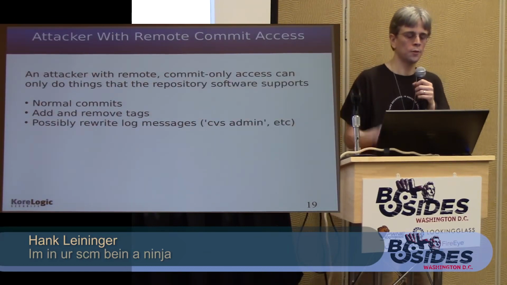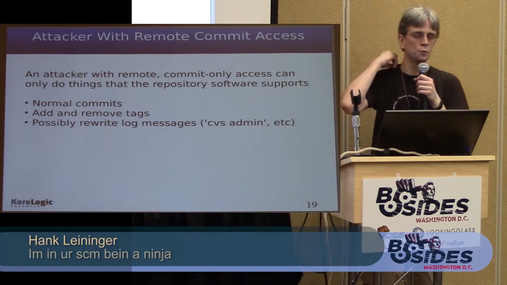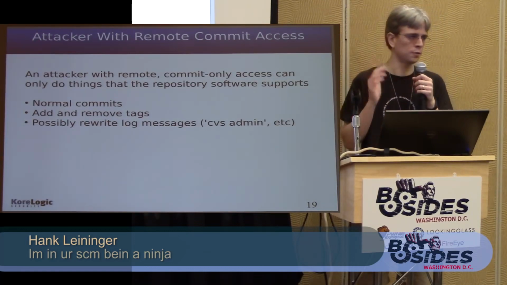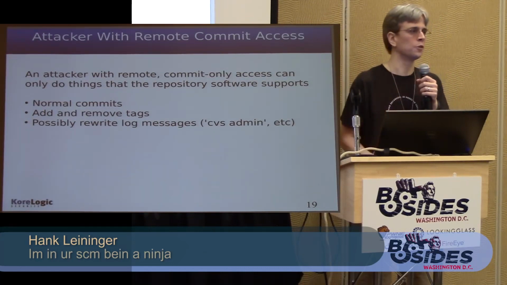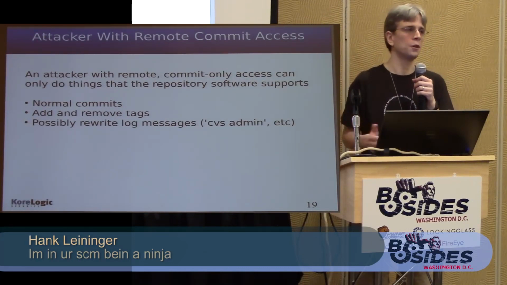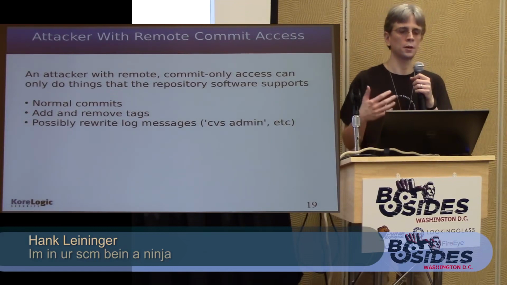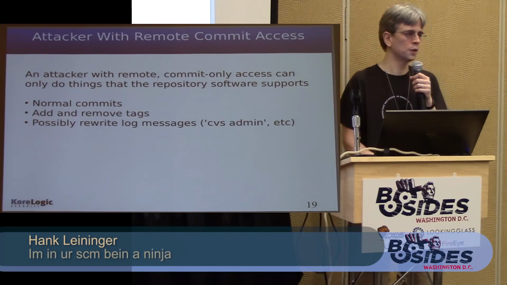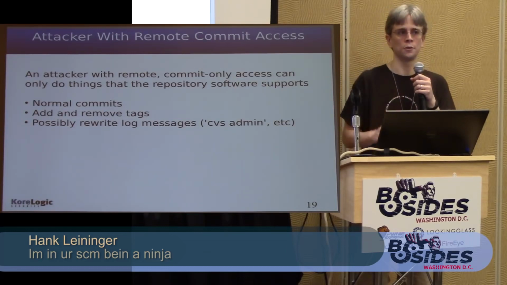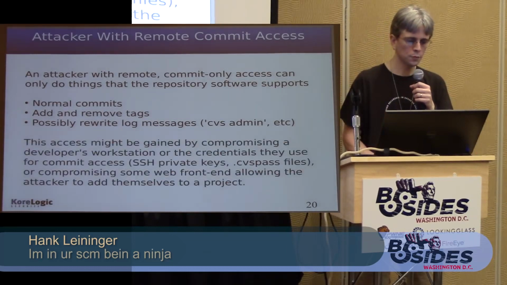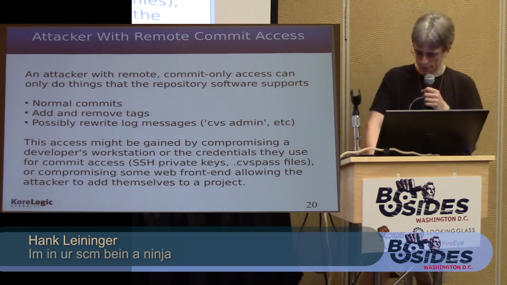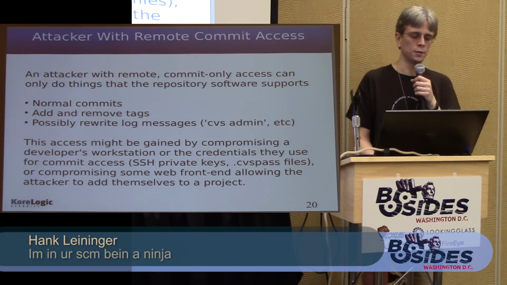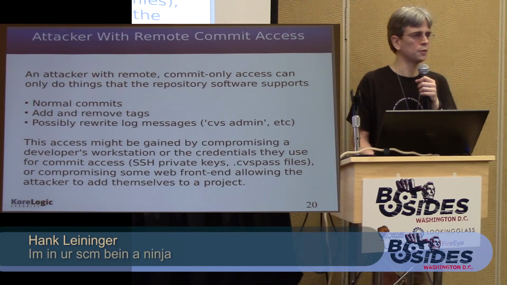An attacker with remote-only access is restricted to doing things that the repo tool in question, whether it's Subversion or Git or CVS, allows them to do. Those things vary based on both the tool itself and how it's been configured in the enterprise. But there are typically things they can do that are interesting to the attacker and therefore dangerous to us. There are various ways you might get that kind of access: compromise a developer's home machine or workstation.